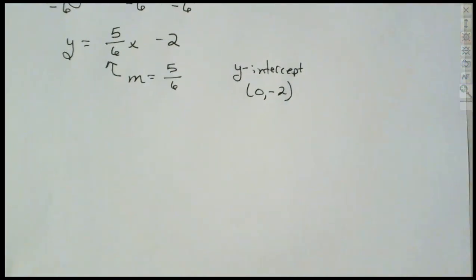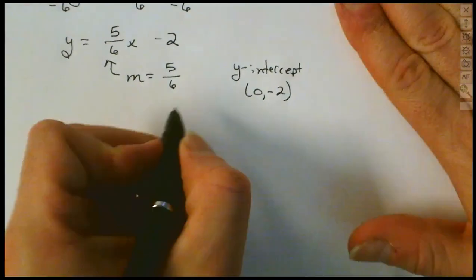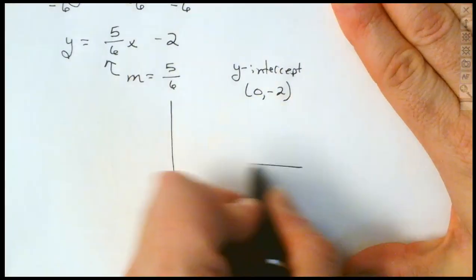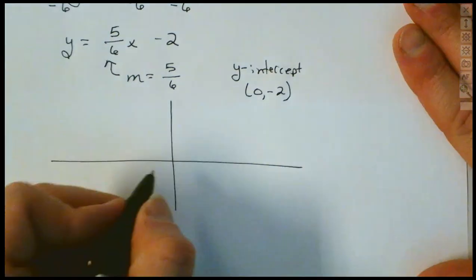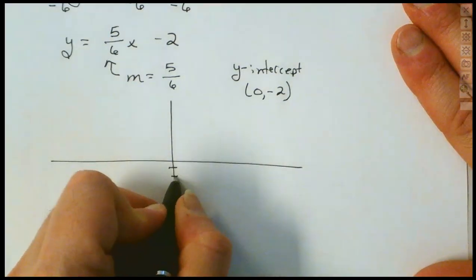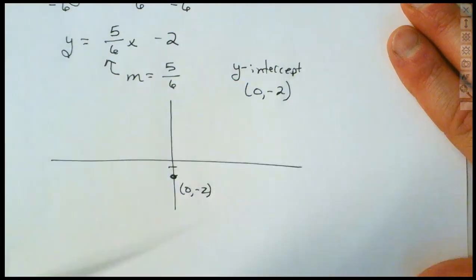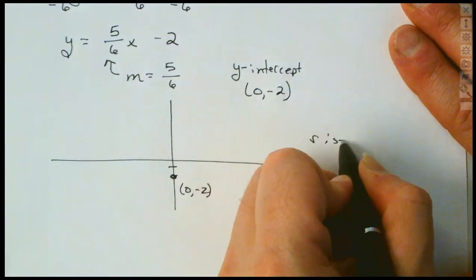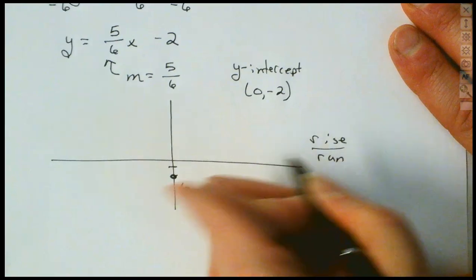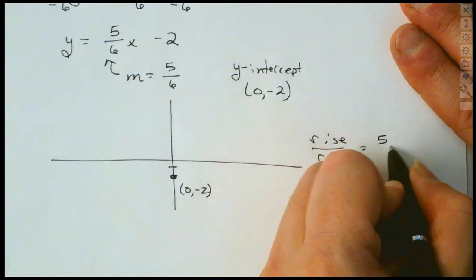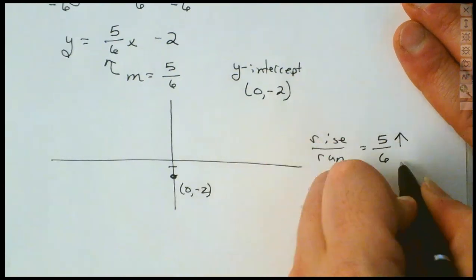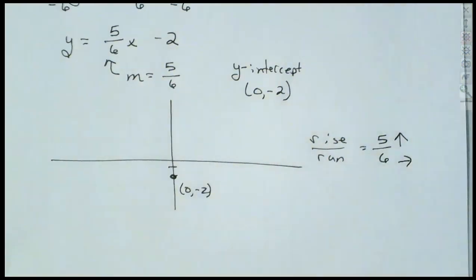So what are we going to do now? Well, we're going to go ahead and plot our point at 0, -2. So that's down 2 units. My slope is, again, rise over run, which is 5/6. It's positive, so we go up 5, and we go over 6.